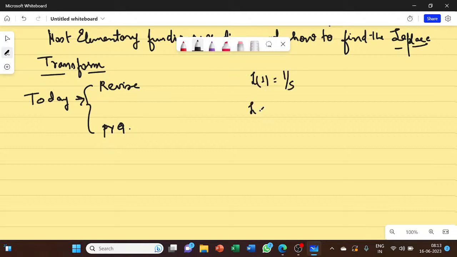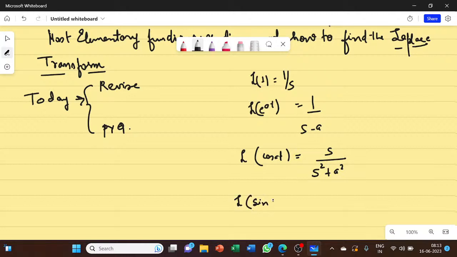The Laplace transform of 1 was 1 upon s. The Laplace transform of e^(at) was 1 upon s minus a. Then the Laplace transform of cos at was simply s upon s squared plus a squared. The Laplace transform of sin at was simply a upon s squared plus a squared. Then the Laplace transform of t raised to power n, in general if n is greater than -1.